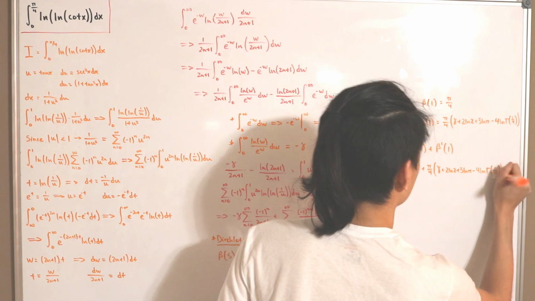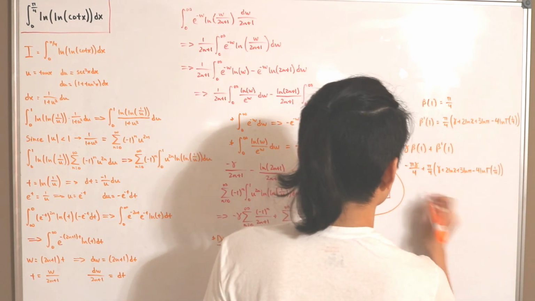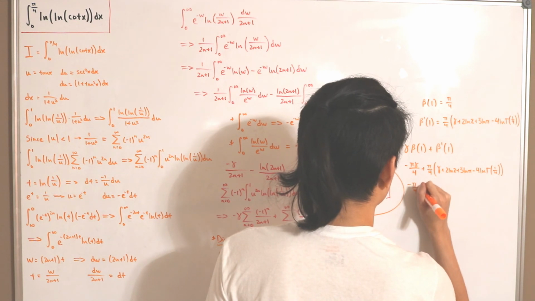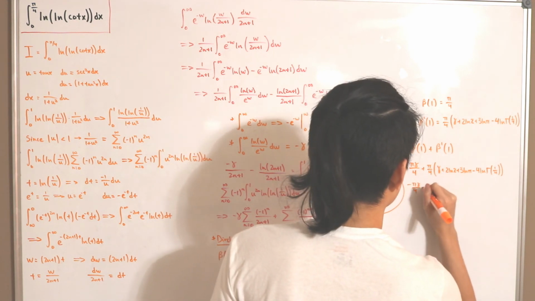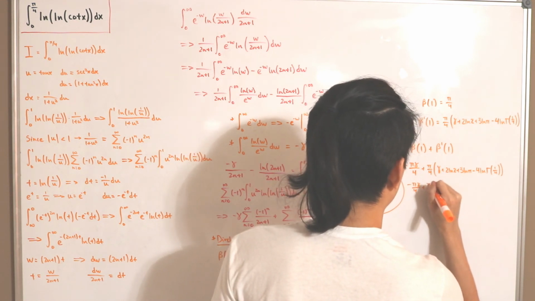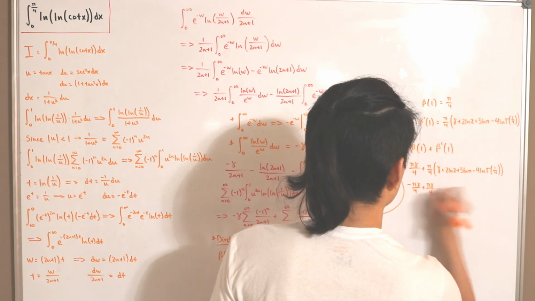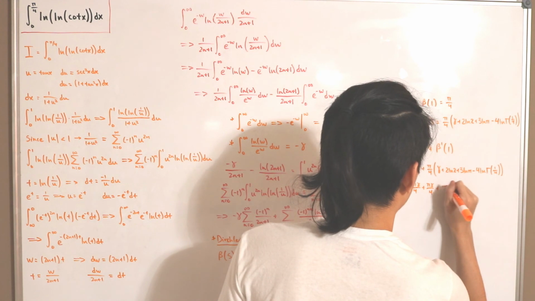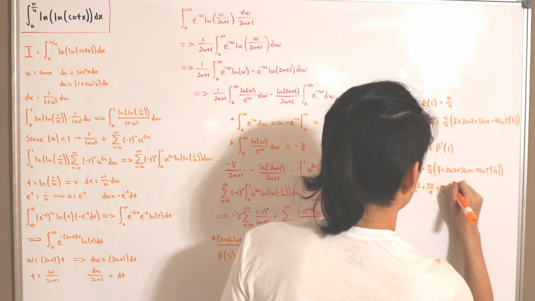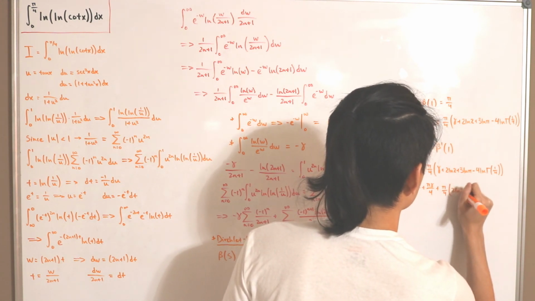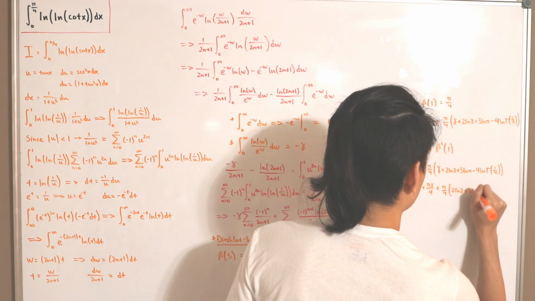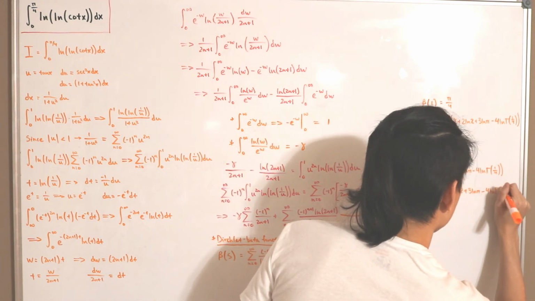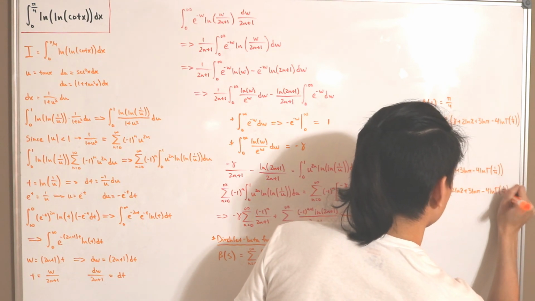If I distribute some things out, I get pi over 4 gamma, then plus pi gamma divided by 4, and then plus pi multiplied by the same thing, 2 ln of 2 plus 3 ln of pi minus 4 ln of gamma of 1 over 4.